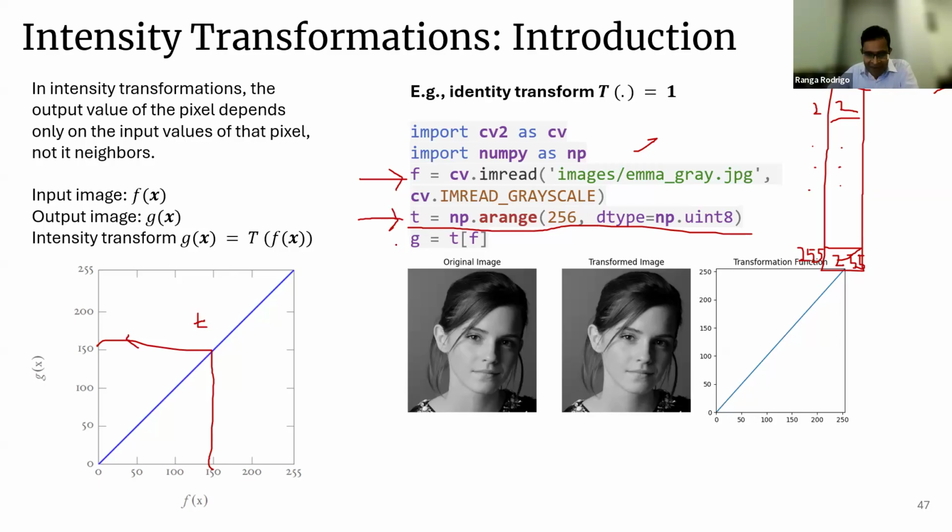And then the most important thing is this one. This is my original image F. This is the resulting image G. To get that, I have to only do this one. Very easy. Assume that this T has been constructed like that.